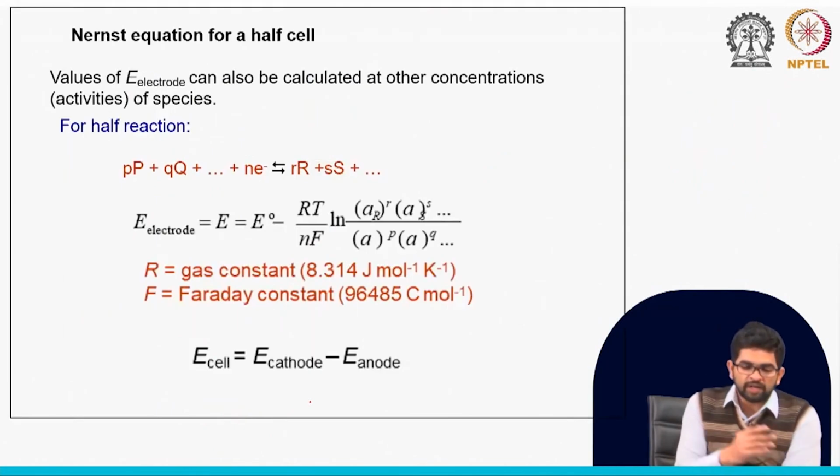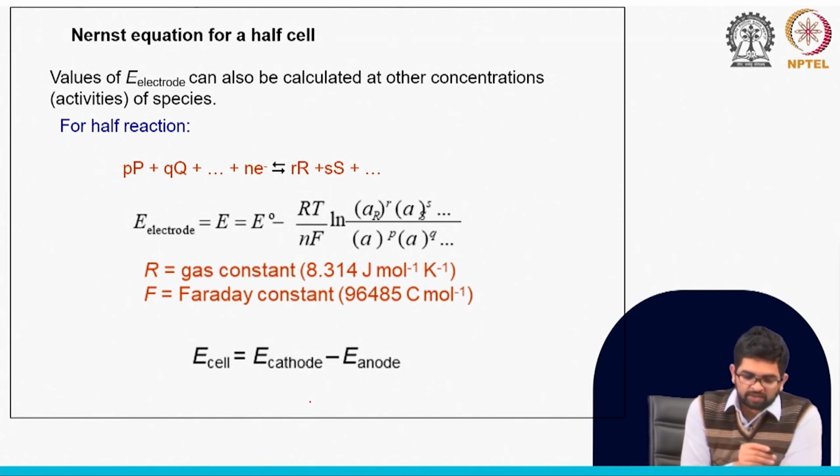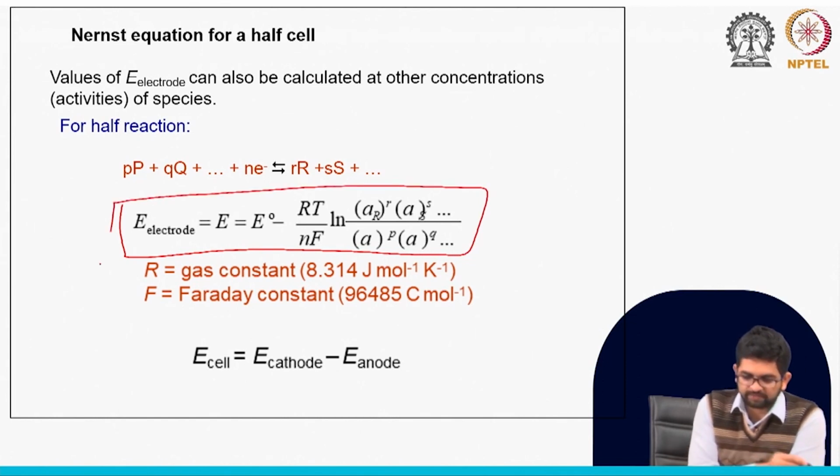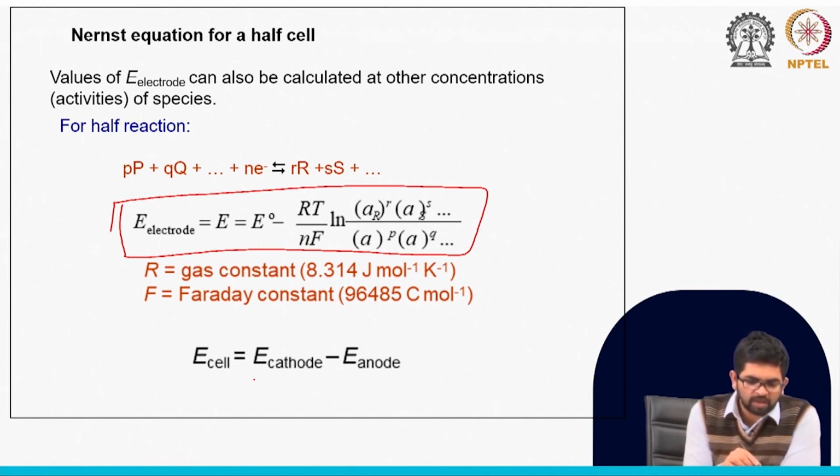Okay. Now, let us come to the Nernst equation. You can see these equations. I think you already learned them in your BSc, or in your UG course, maybe some of you already learned them at the 10+2 level also, but I am just summarizing here what the Nernst equation is.